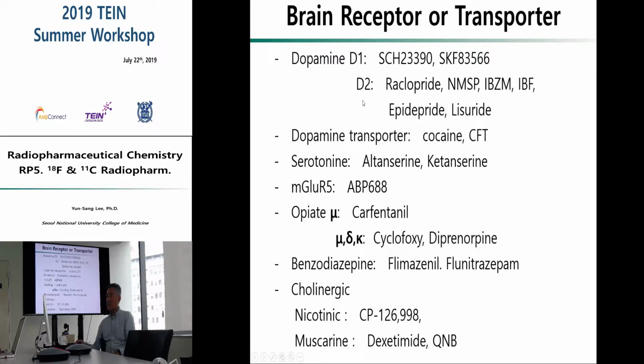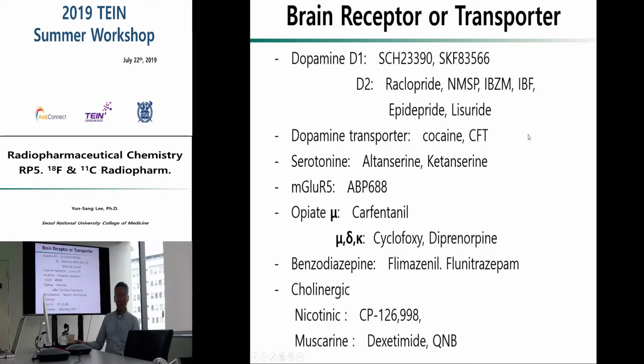Here you can see there are so many different types of brain receptors or transporters: dopamine system, serotonin system, benzodiazepine or cholinergic system. Here you can see the huge number of candidates. I think more than 90% have been done at Johns Hopkins, by Henry Wagner, who is the inventor of these kinds of receptor imaging agents.